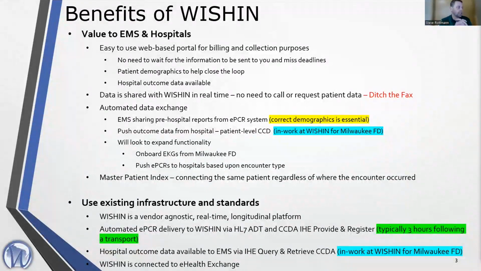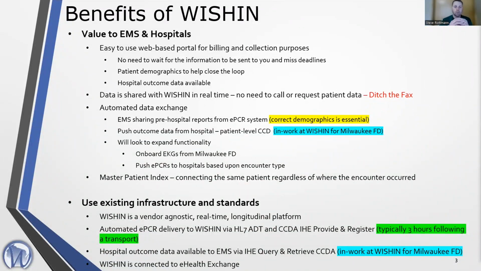For future functionality, we will be onboarding Milwaukee Fire EKGs, and the ability to push EPCRs in bulk rather than one by one, where a hospitalist, or a trauma nurse that's managing, or an EMS coordinator has to search in Wishin for the existence of an EPCR based on a visit.